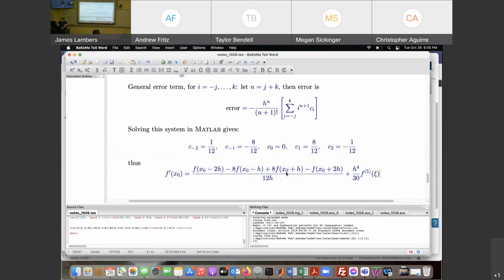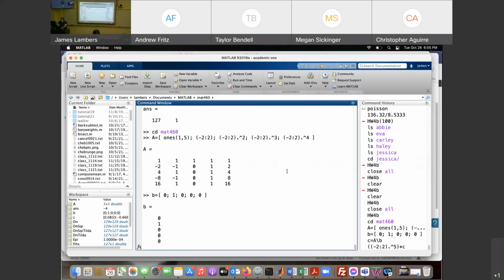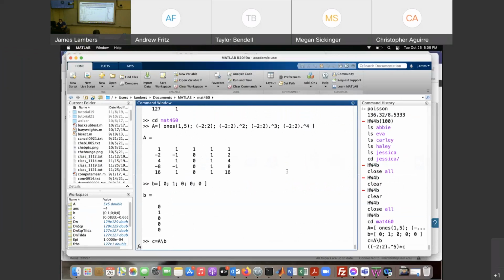And I'm going to show you what I did in Matlab. So I knew that the first row would be all ones. Then I have the vector of indices minus 2 to 2 raised to powers 1, 2, 3, and 4 to fill out the matrix.